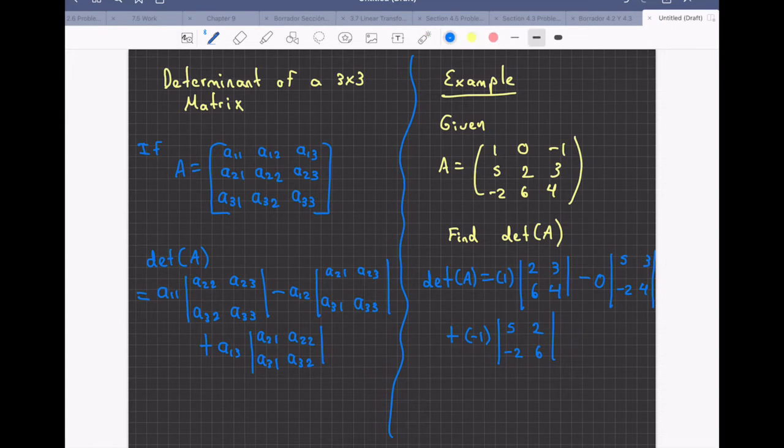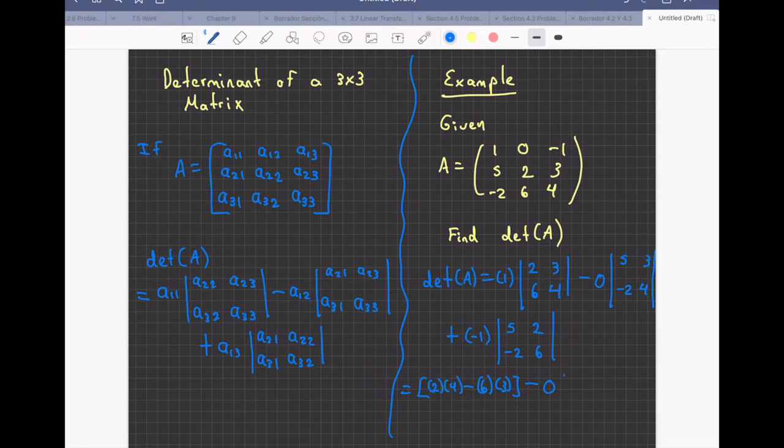So we have equal to 2 times 4 minus 6 times 3. Minus, notice, whatever the determinant is times 0 is going to be 0, right?